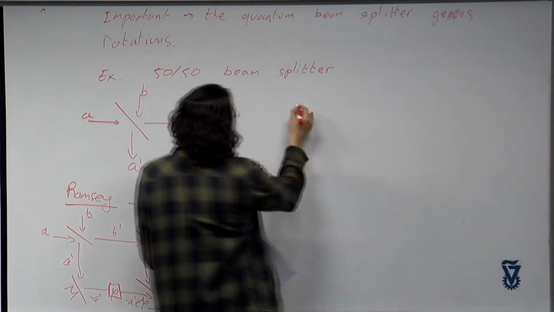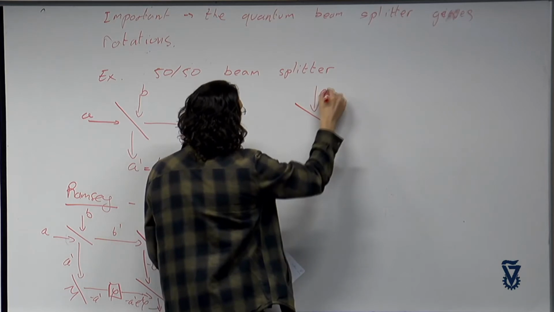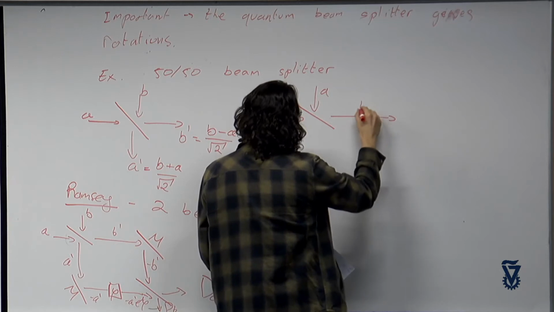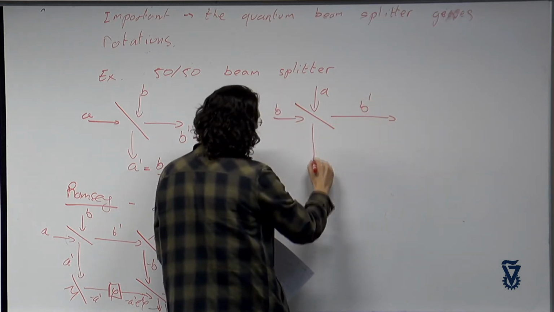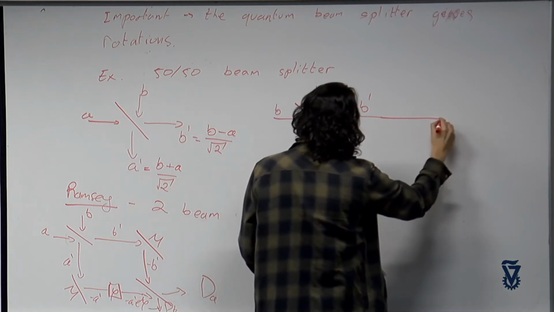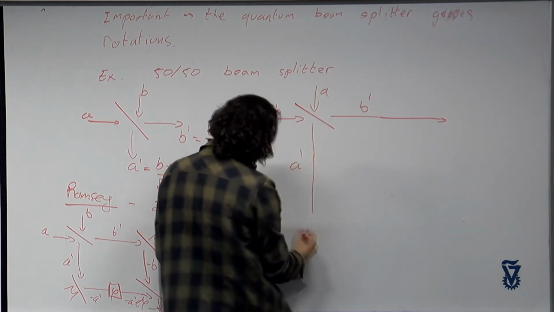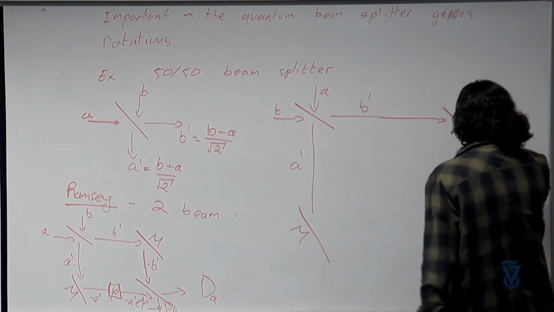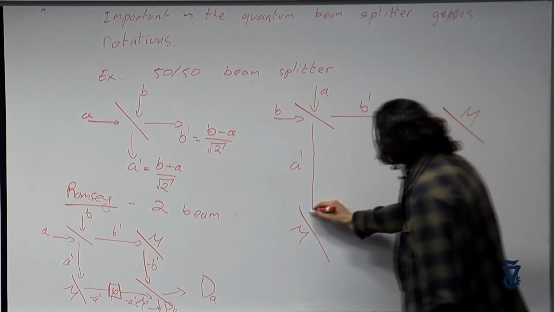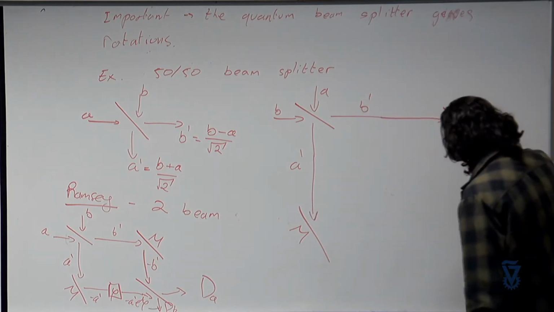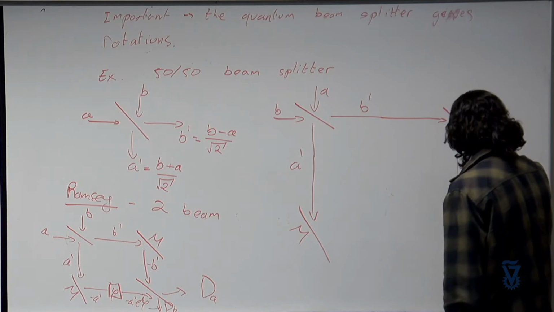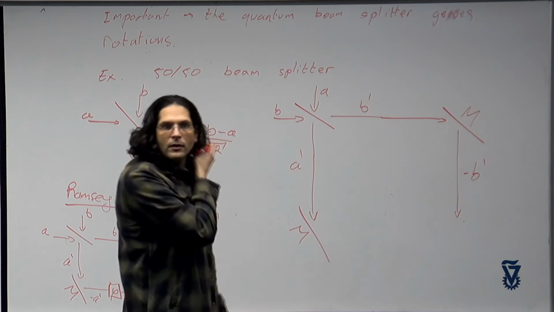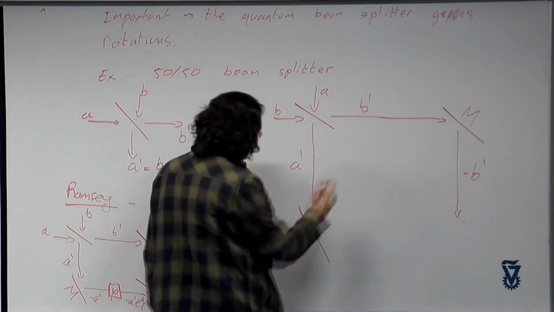So we have, this is the first beam splitter, A, B. The output here is B prime. Output here is A prime. Here we have a mirror. Here we have another mirror. The mirror here will reflect this field, so this will be minus B prime. The mirror is just a beam splitter that is fully opaque, so it'll just give us a minus sign.